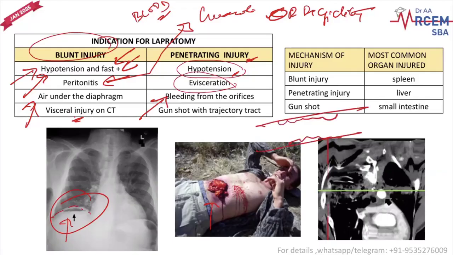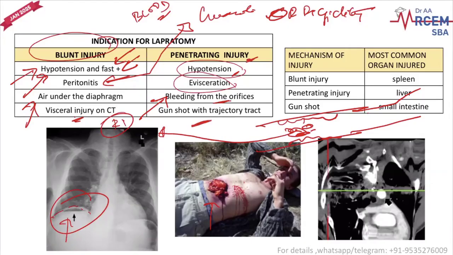Because of the injury, blood has accumulated in the bowel loops and has gone down to the rectum and come out through the anus. Or sometimes you might reflex it out. For example, if the injury is in the stomach, you can vomit out the blood. That's why if bleeding from the orifices is present, you need to suspect GI tract injury.